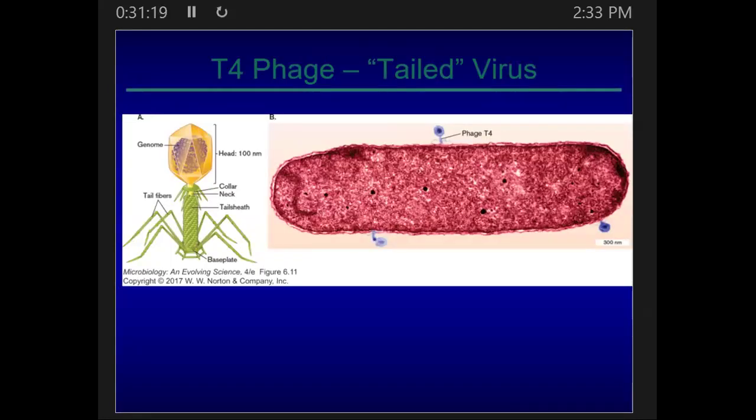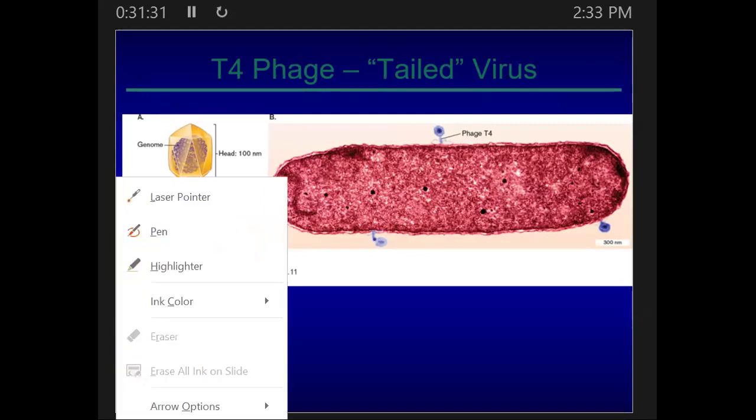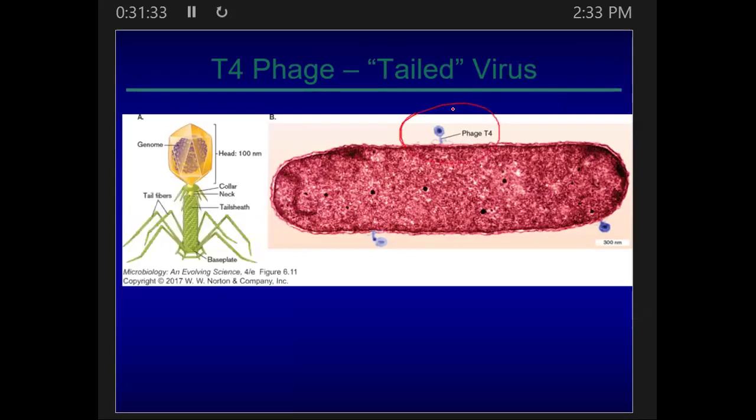So here you can see a really nice image of, I believe this is E. coli, on the right there, and you can see the phages on the surface of the cell. This is that T4 phage that looks very much like it came from science fiction.